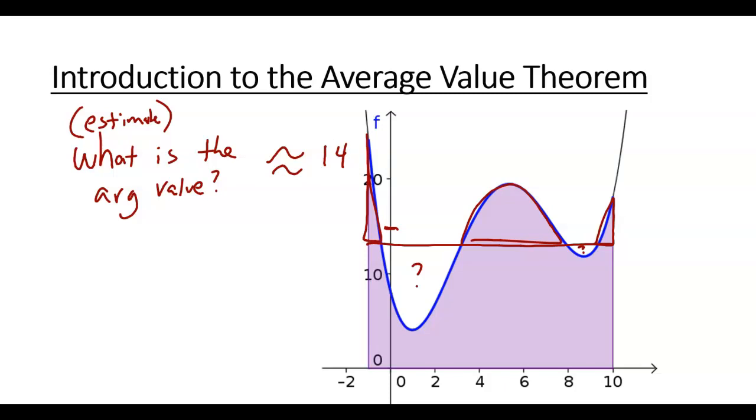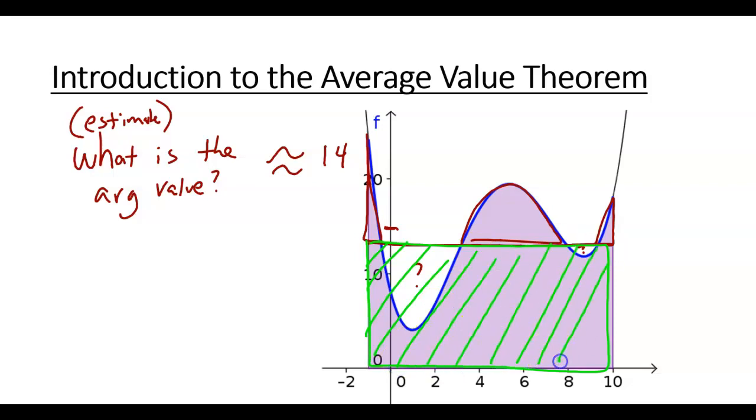Now let's pull in a little bit more of what we talked about. What we talked about is that the area of the purple region should be exactly the same as the area of this rectangle whose height is the average value. So the area of this rectangle should be exactly equal to the area of the purple region. Now in calculus, we know how to get the area of that purple region pretty much exactly right.